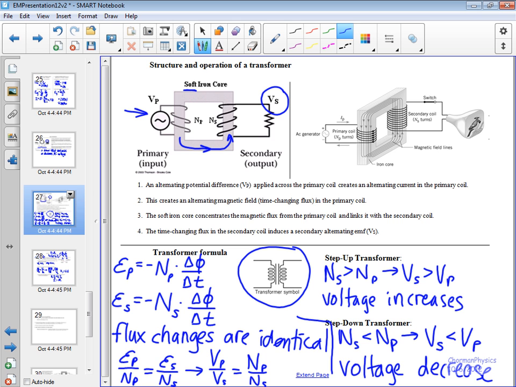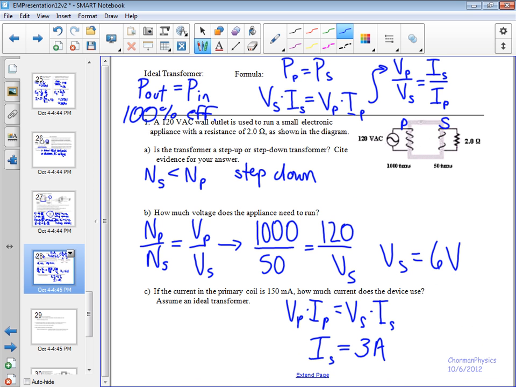What's actually happening here is that it's not being violated, because the power input is equal to the power output. When that's completely true and there are no heat losses, we have an ideal transformer, a 100% efficient transformer. We're always going to lose some power, so the power output will always be less. But we can still have a stepped-up voltage, at the cost of whatever the current is.